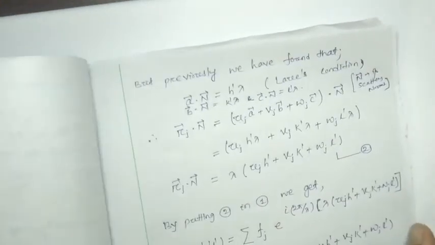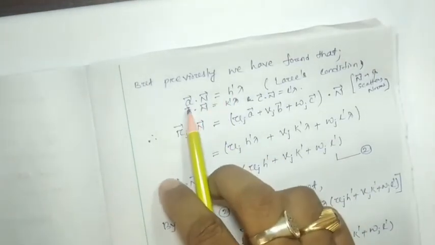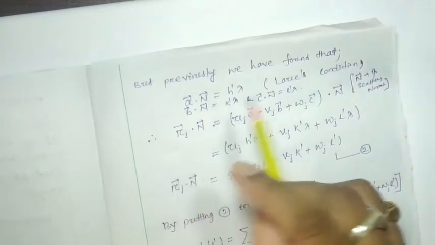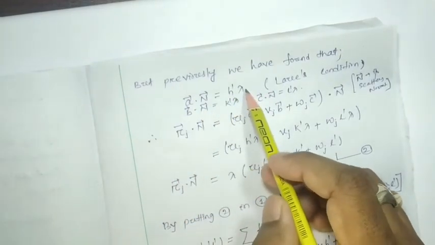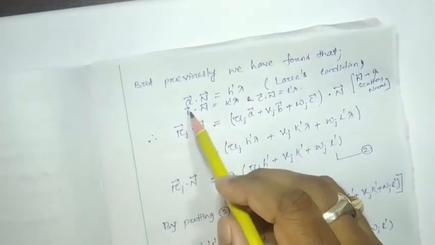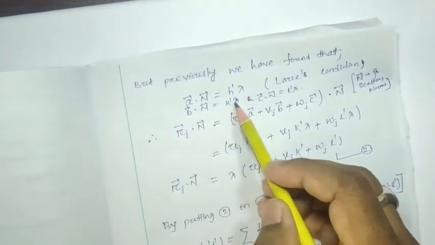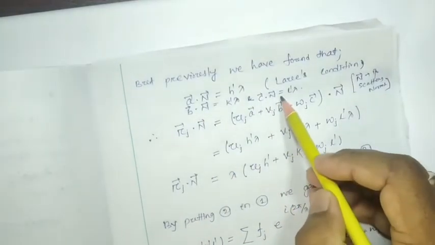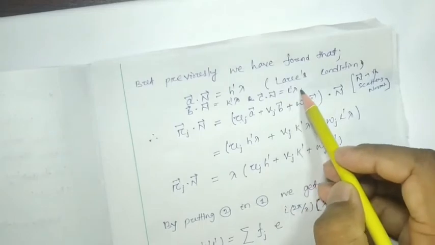Now, a dot n equals h dash lambda from Laue's condition, b dot n we found k dash lambda, and c dot n we found l dash lambda.